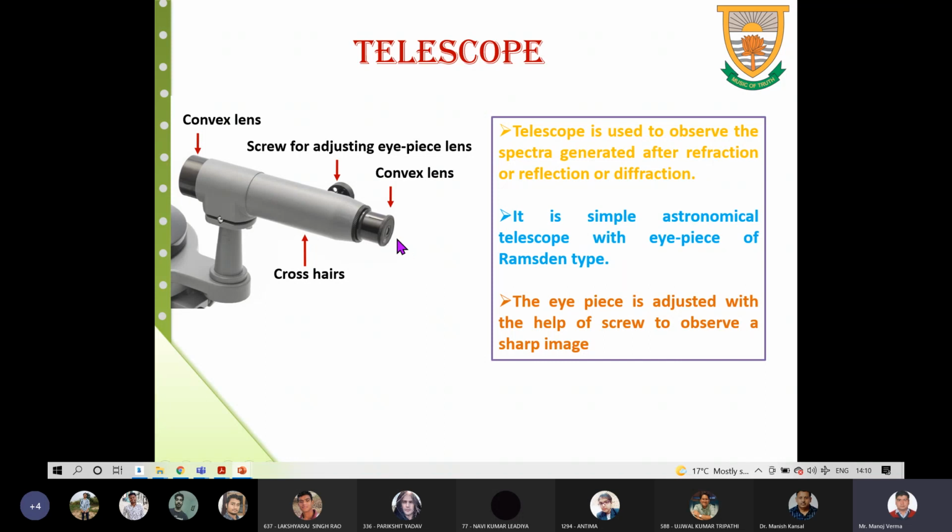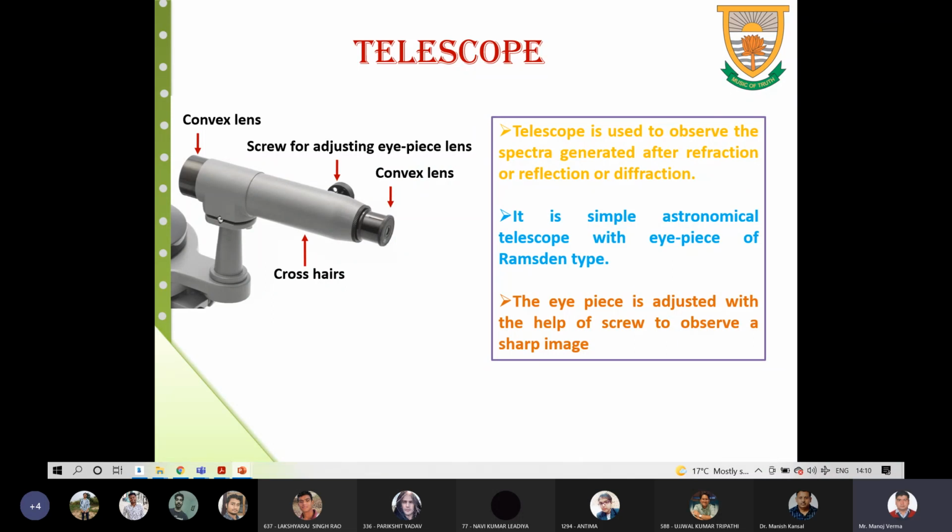So again, a parallel beam is coming to this convex lens. This convex lens will converge these parallel beams into a point object. So these will be converged at this point where your eye has to be stationed, right?